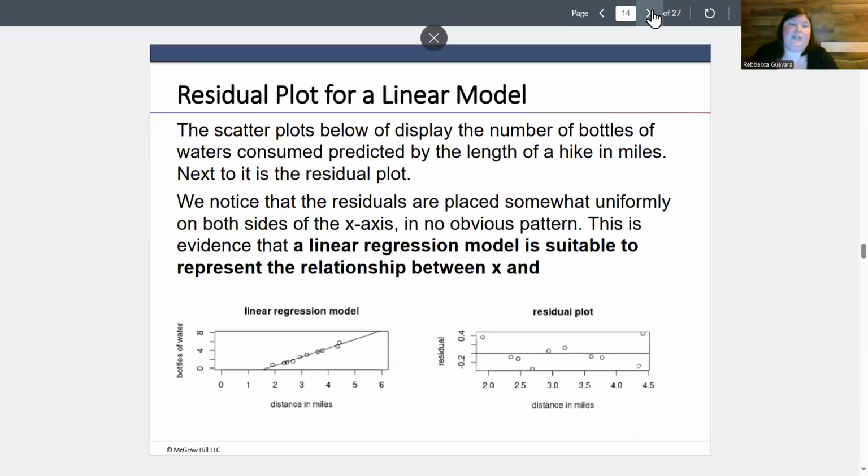Now, just for example, again, the plot shown is the number of bottles of water that was consumed, predicted by the length of a hike. So it's the distance in miles this person hiked, or people. We see the data, it seems like it fits a linear model, but we're just going to double check that.